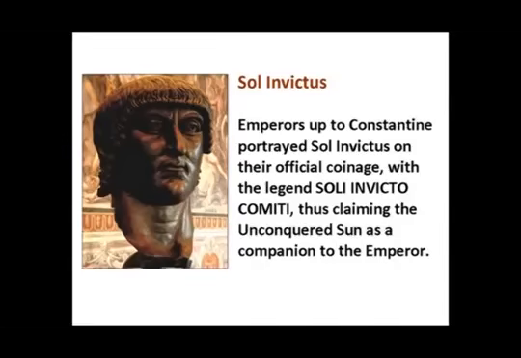Emperors up to Constantine portrayed Sol Invictus on their official coinage, with the legend Soli Invicto Comiti, thus claiming the unconquered sun as the companion to the emperor. In other words, the Roman Caesars, the bishops of Rome, all worship the sun.